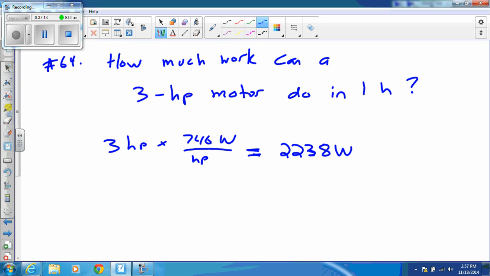So what formula do we have for power? We actually have 2. Power equals work over delta t. So 2238 watts over 3600 seconds.